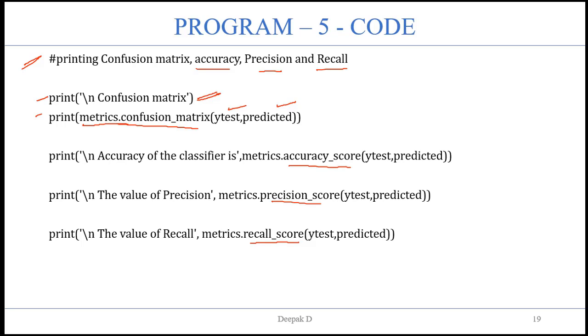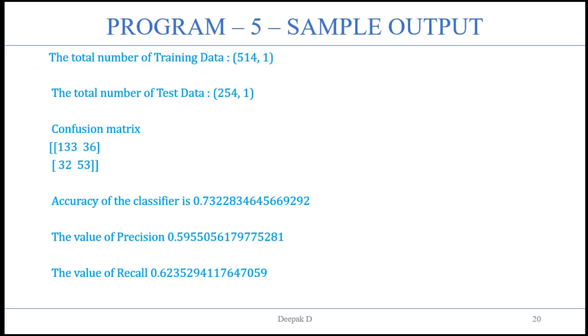Let's see the probable output of this program. You can see this is one of the outputs of my particular instance. Out of the data set I have taken, 514 are training data and 254 are test data. Based upon this I have derived my confusion matrix, and from the confusion matrix I identified the accuracy of my model or classifier.